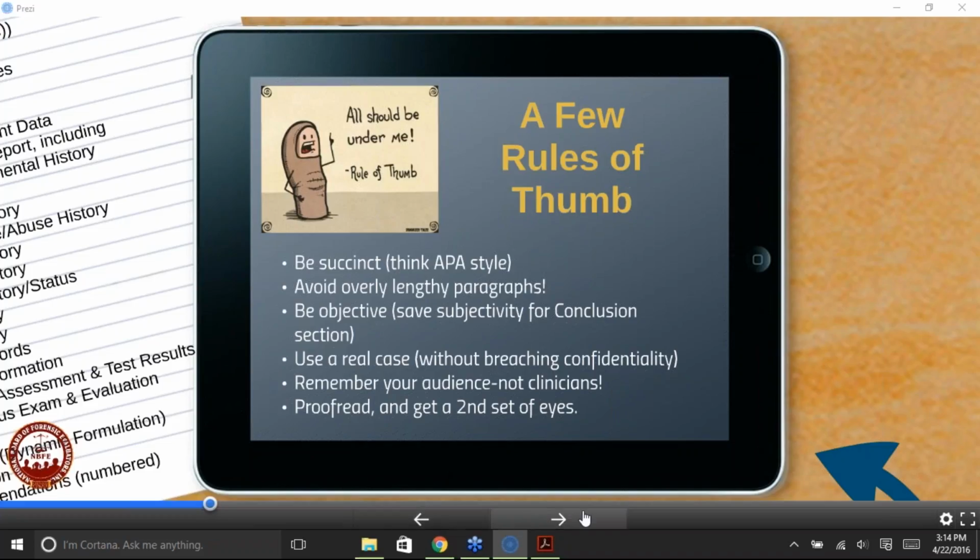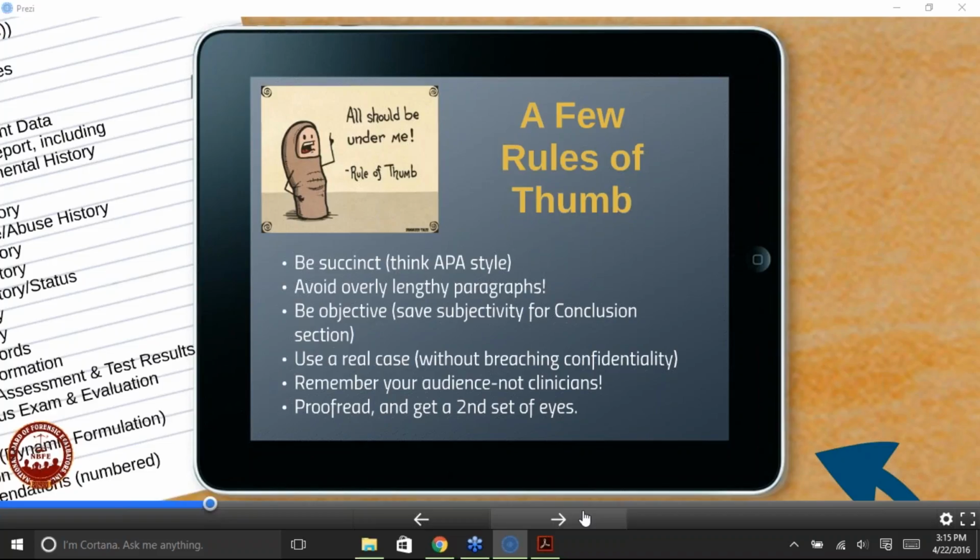Okay, so a few rules of thumb about these reports. The first thing is to be succinct. You want to think the way that you thought in grad school when, if you're like me and most counselors, you were required to write in APA format. APA format is not exactly thrilling, richly worded reading.